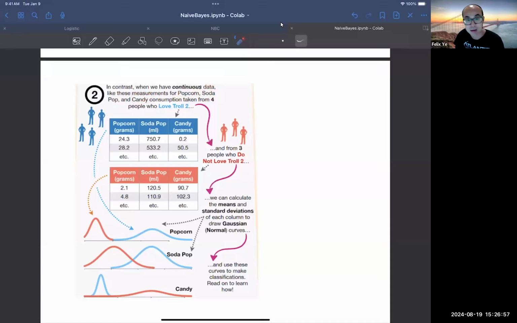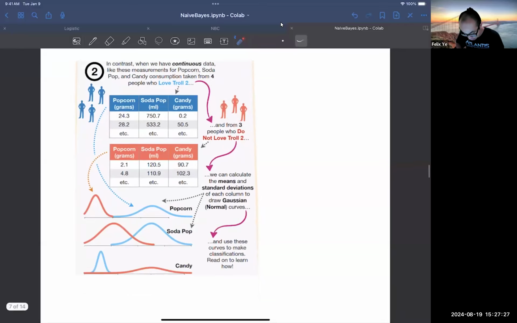So these are 3 consumptions taken from 4 people who liked the movie Troll 2. And I also take the data for 3 people who don't like Troll 2. We are doing some statistics for 4 people who like it and 3 people who don't like it.